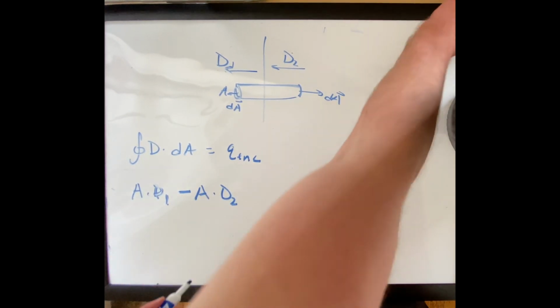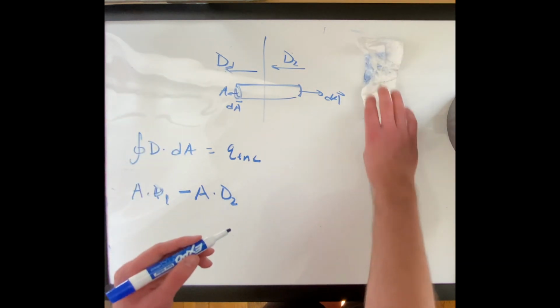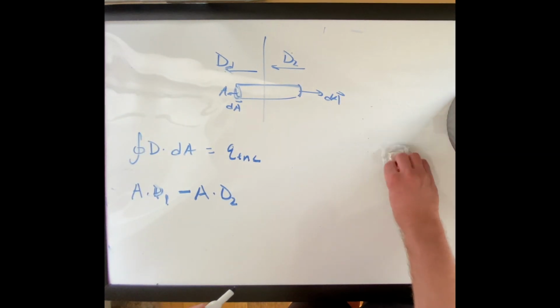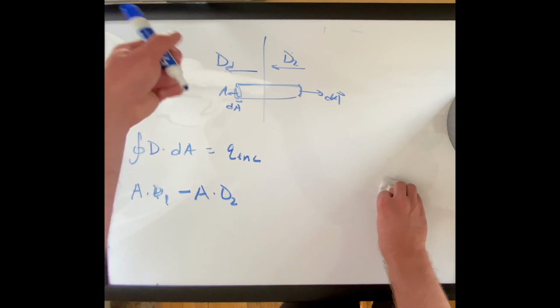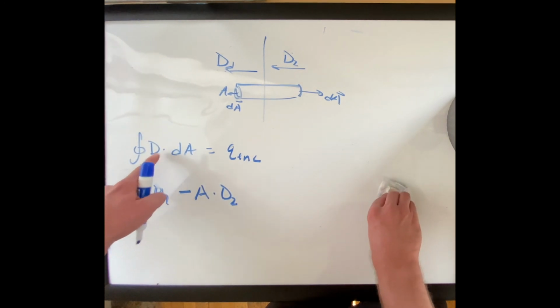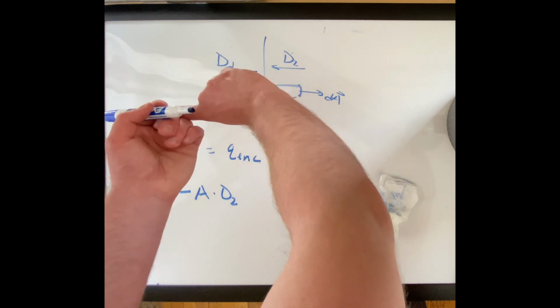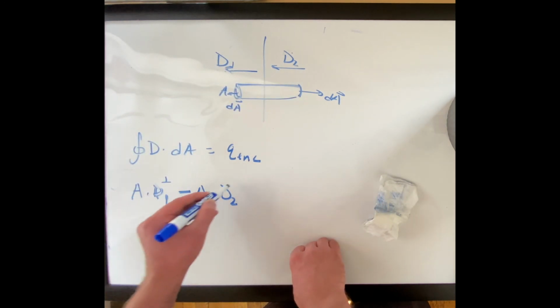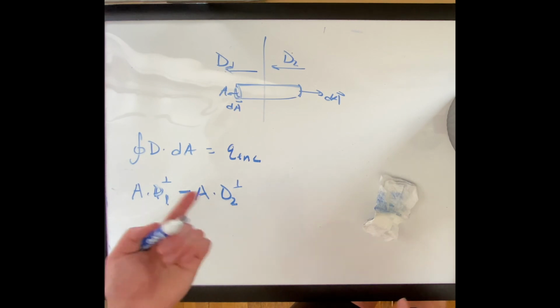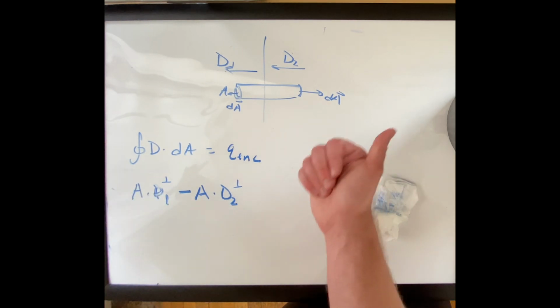And now I said that they're perpendicular only, but if you wanted to consider them in a general direction, well, the dot product of a general D with A is only going to be the perpendicular component. So now we can write perpendicular or normal. The way they'd say it is normal. Normal means perpendicular, of course.